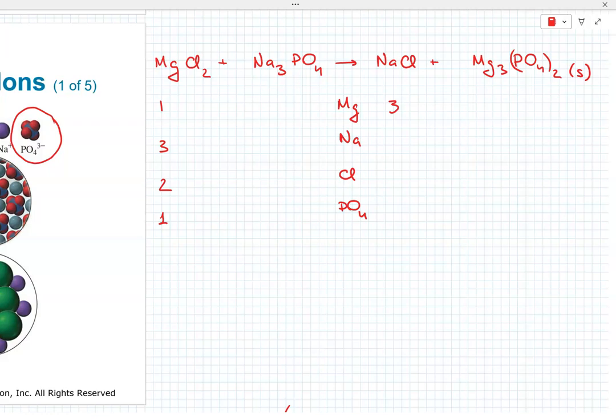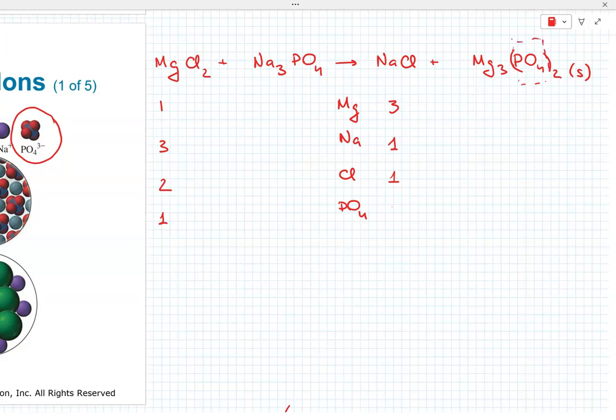How many sodiums? On the right. And chlorides? PO4s? I want to say 4, but it's 2.